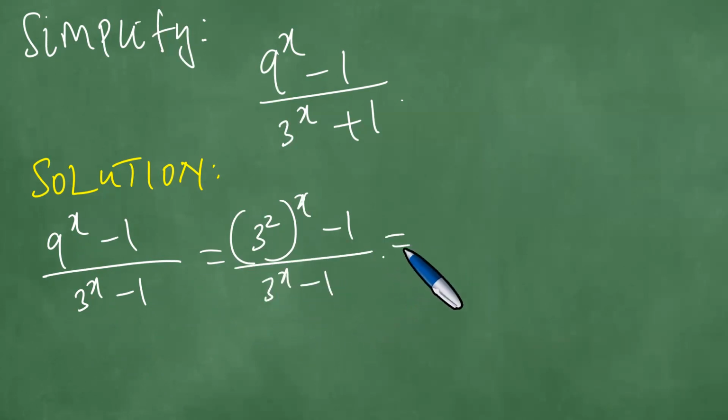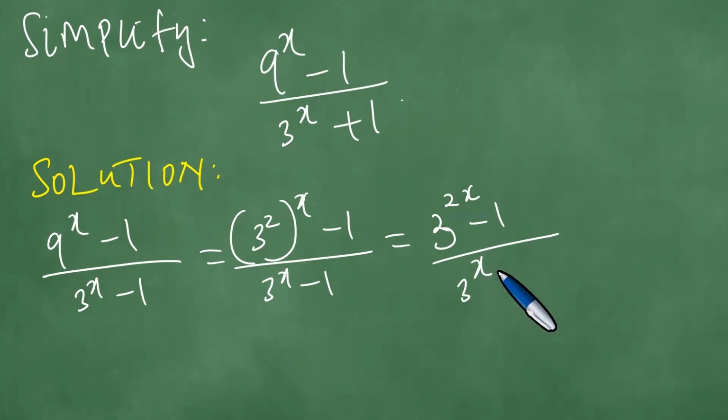Okay, 3 squared is what? Is 9. Which is 3 to the power 2x minus 1, divided by this. Okay, so what is the answer here?